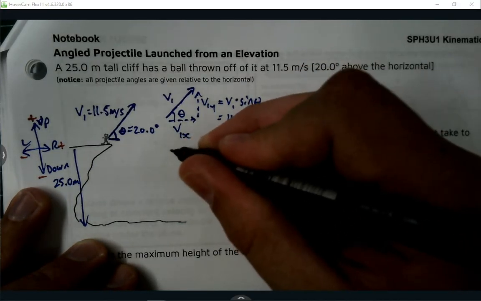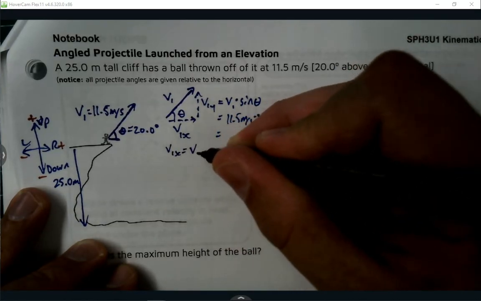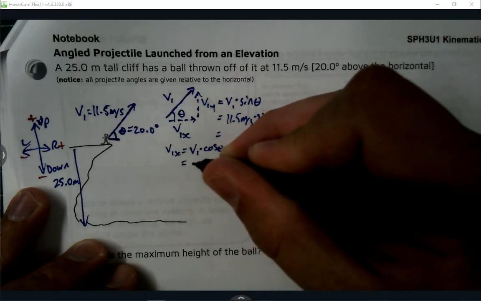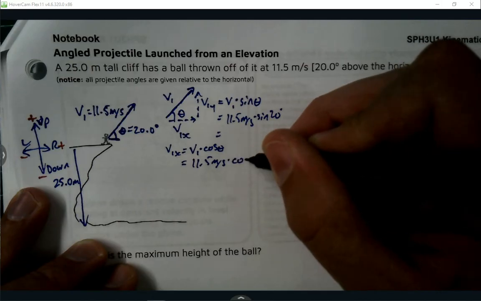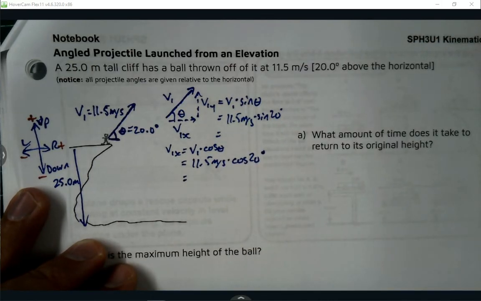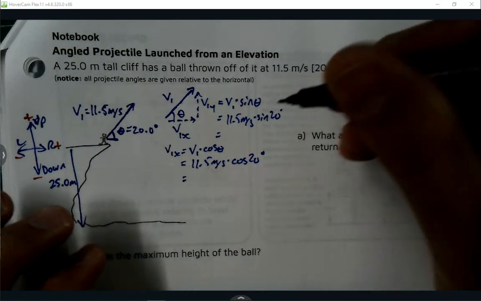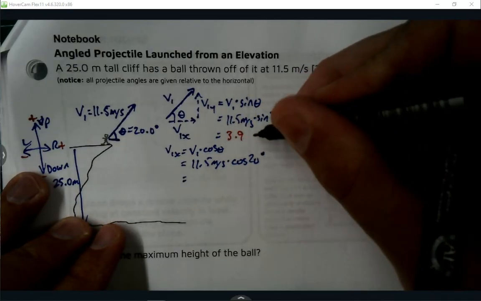V1x is going to be V1 times cos theta, or 11.5 meters per second times cos 20 degrees. And I do a little bit of math on this one, and I say, okay, well the y component is going to be 3.9.